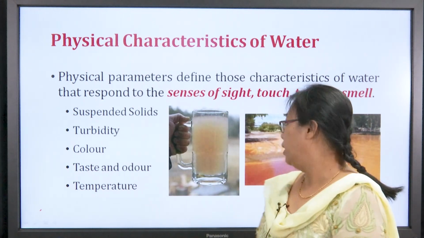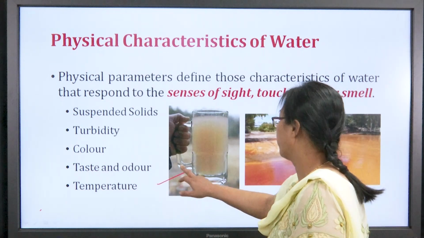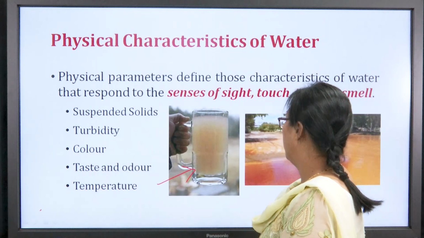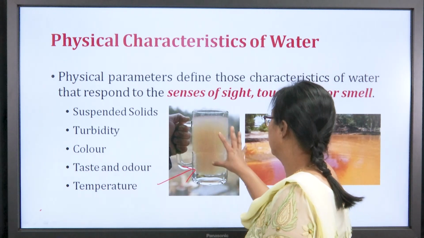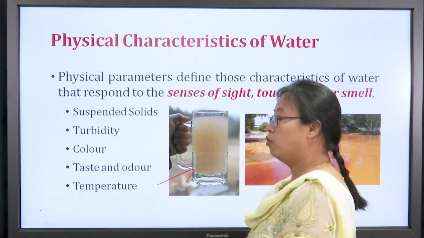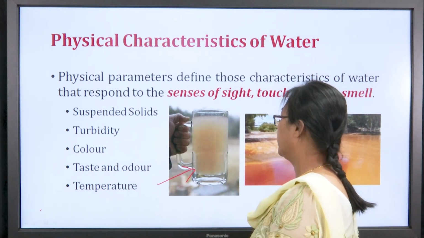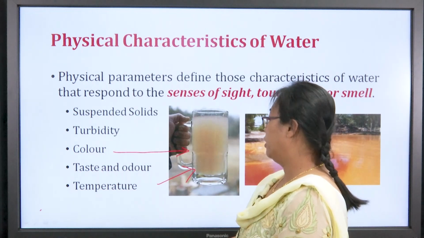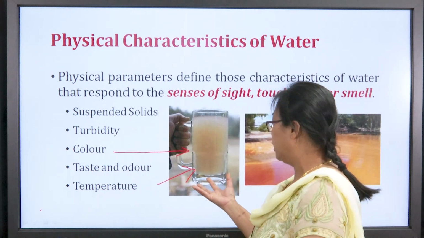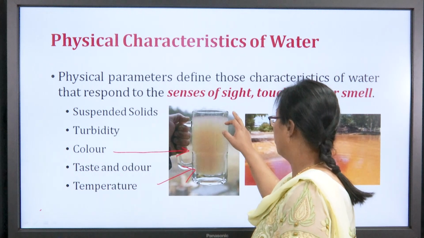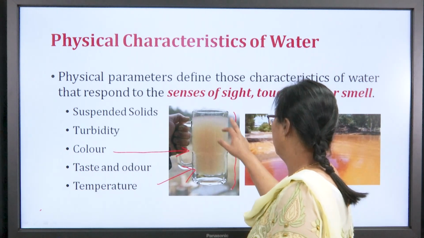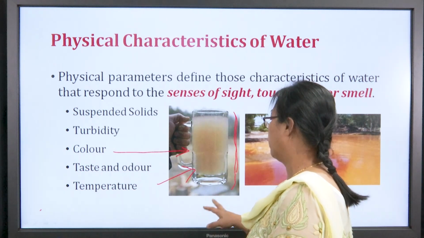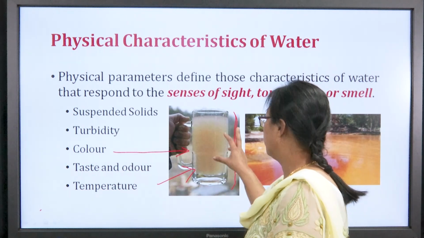Say, for example, in this picture I have given, you can see that this water is dirty. How many physical parameters can you see here? You can see the color. Just by looking at this water, you can see that it is dirty and muddy.